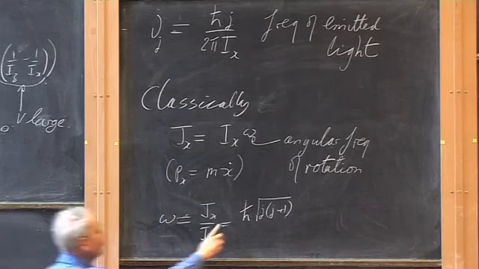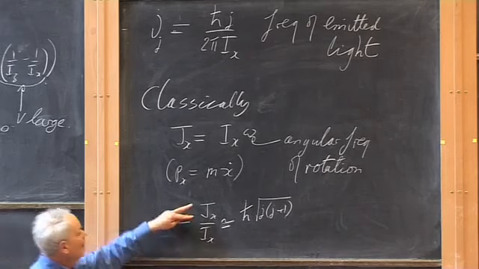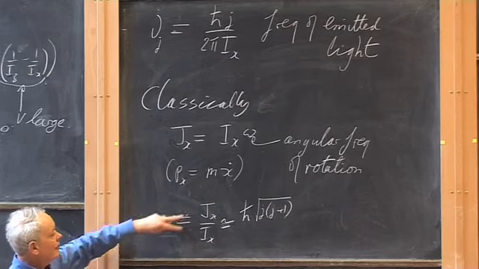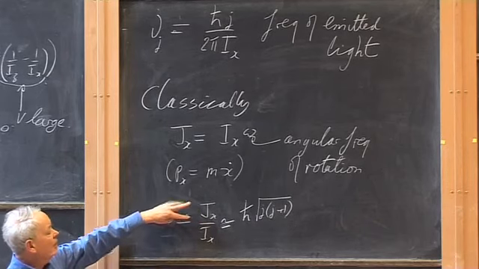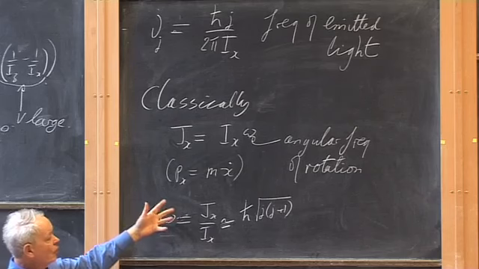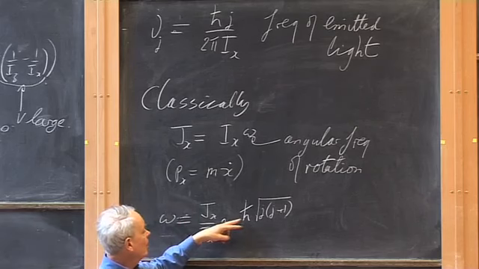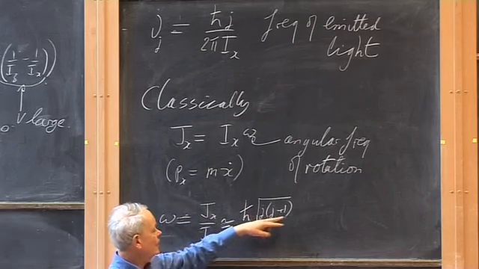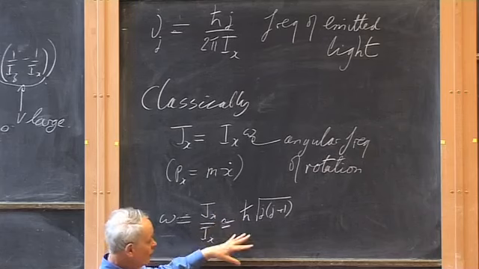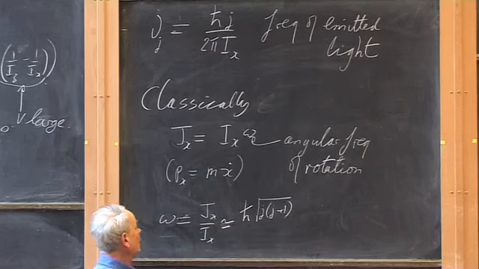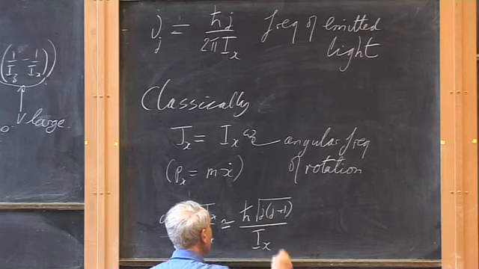This is a heuristic sort of thing. We're saying that supposing its angular momentum is along the x-axis, then J_x squared is going to be on the order of h bar squared j times j plus 1, which is about j squared. Divide through by I_x.